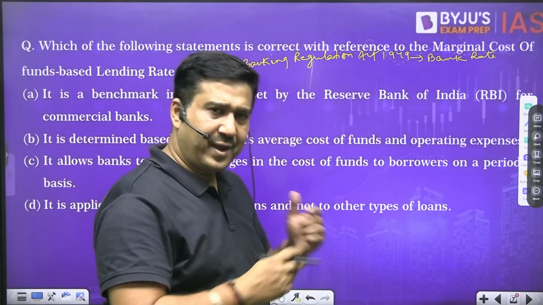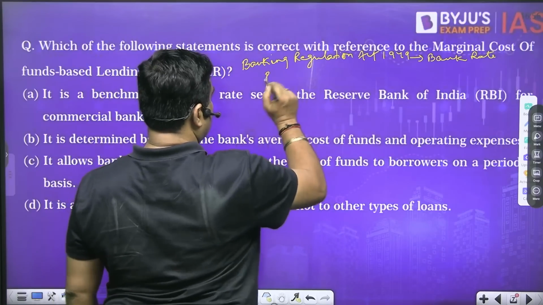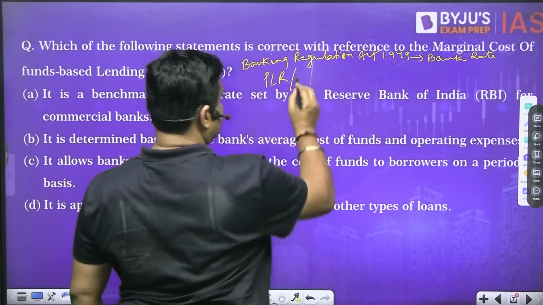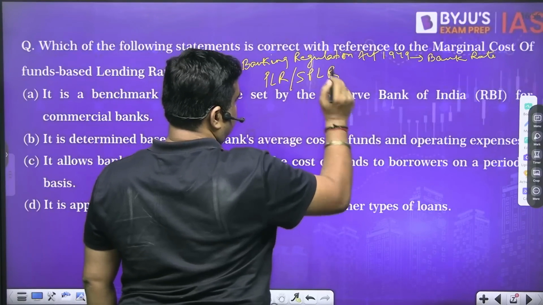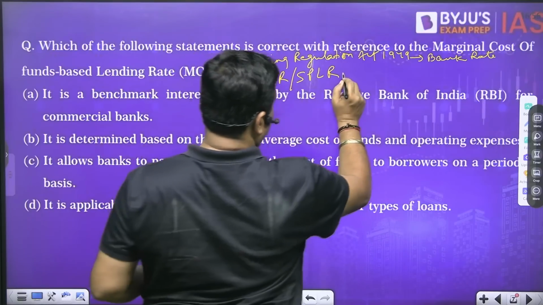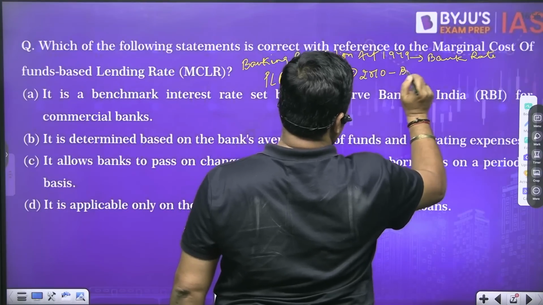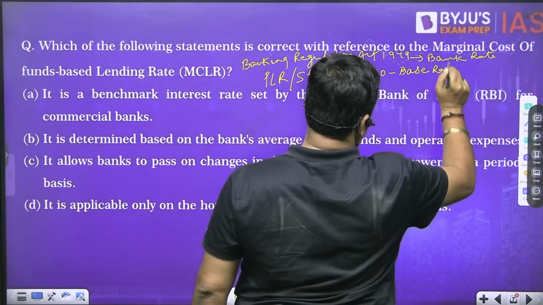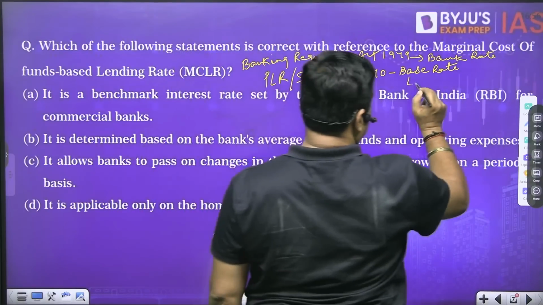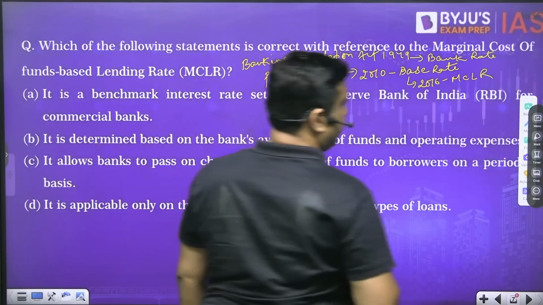Then over a period of time, different scheduled commercial banks devised their own mechanism that is known as prime lending rate. Along with PLR, automatically comes subprime lending rate. But after this financial crisis of 2008-9, in 2010, base rate came. But base rate did not work. Then in 2016, MCLR came.